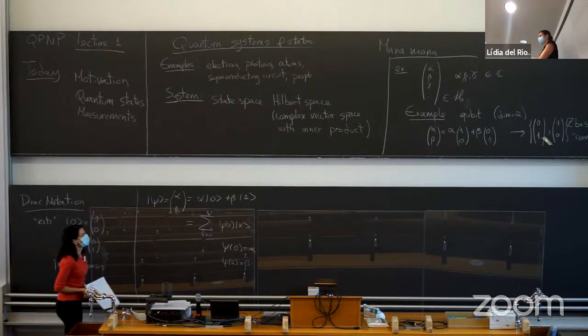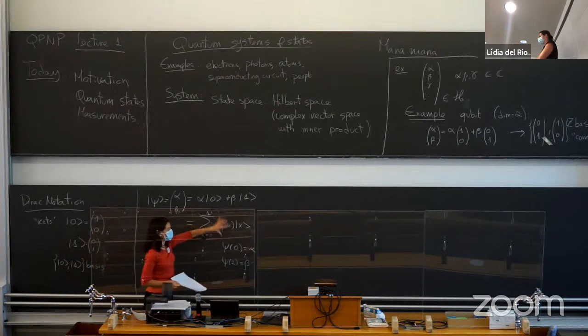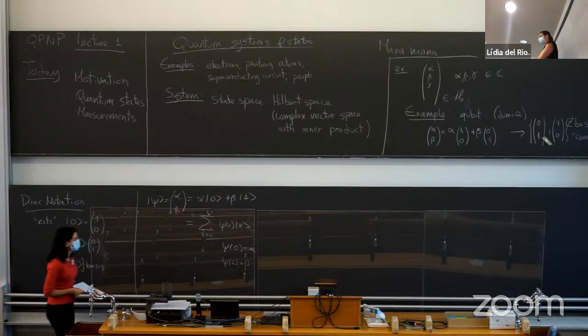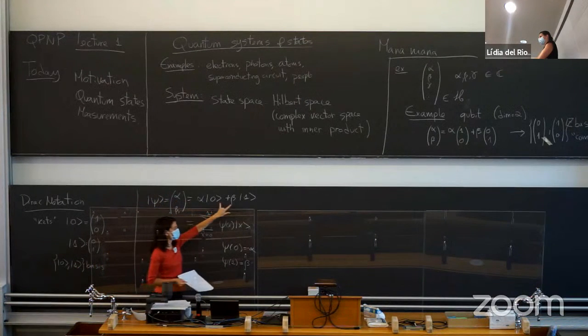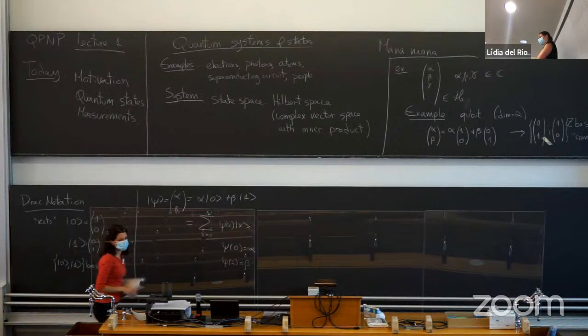So it looks like I'm just creating a new, unnecessary notation here, but it will be useful in a moment. First, note that you can expand any state in this basis. Okay, so you can characterize the state once you fix a basis. You can characterize the state just by these numbers here, and these numbers here are what we call the wave function.